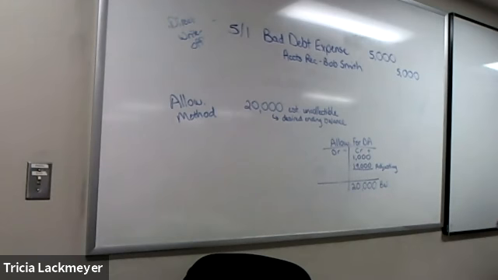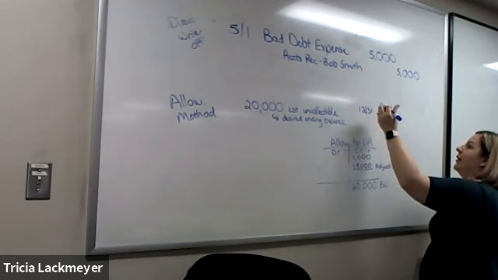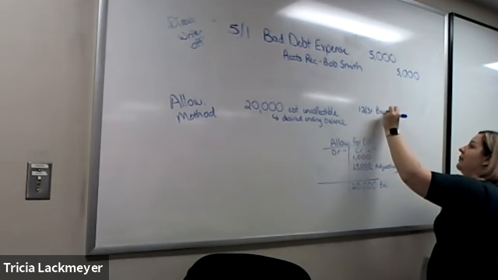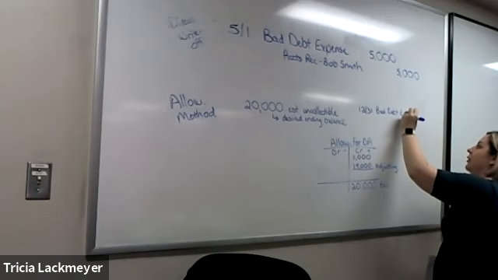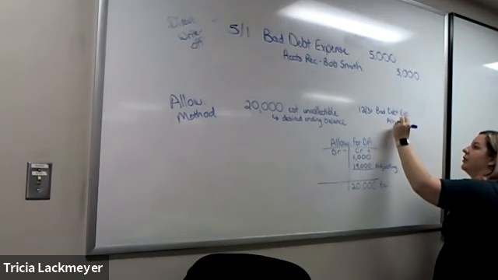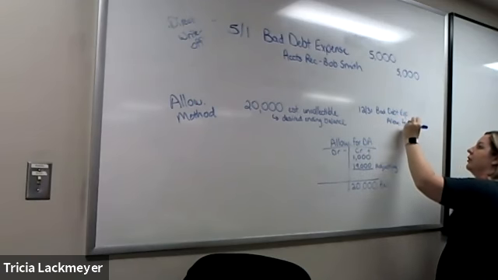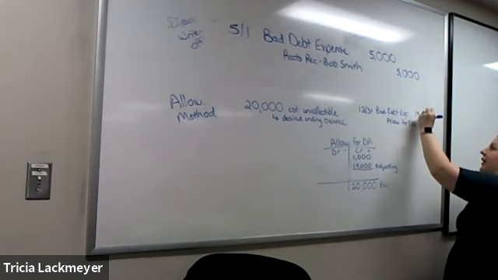Under both methods, it's still a debit to bad debt expense. So again, this one's an adjusting entry, so it'd be at the end of the period. So I would debit bad debt expense. And I'm crediting my allowance for doubtful accounts. That 19,000 that I calculated.